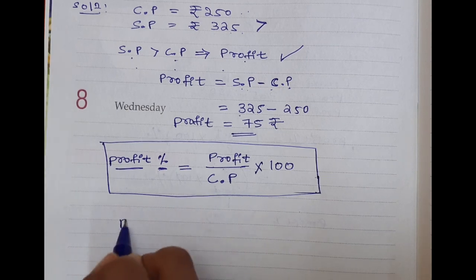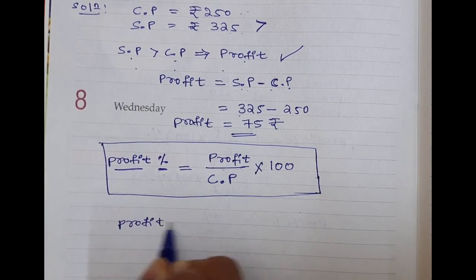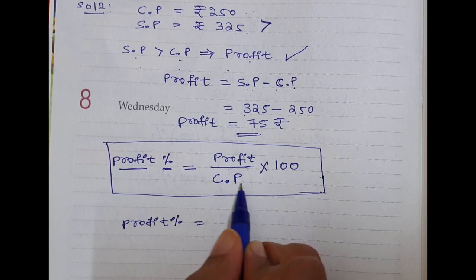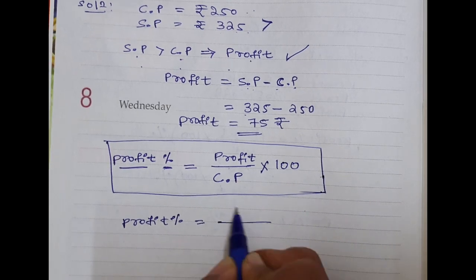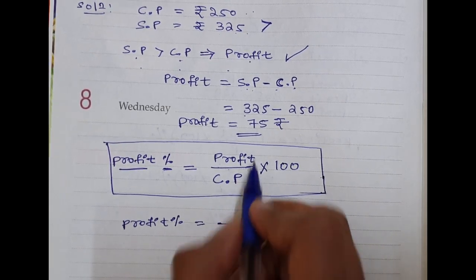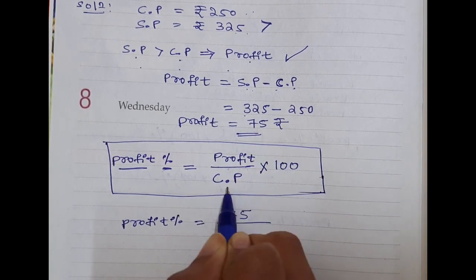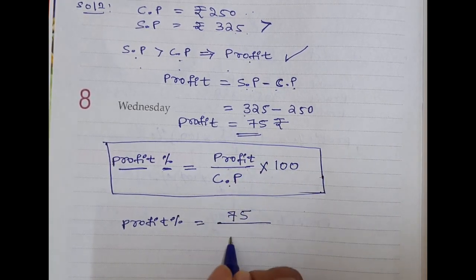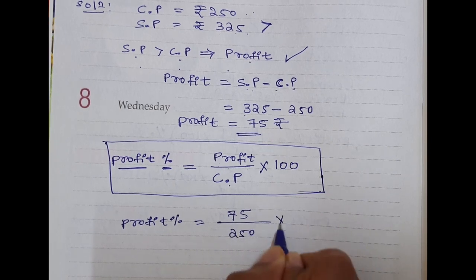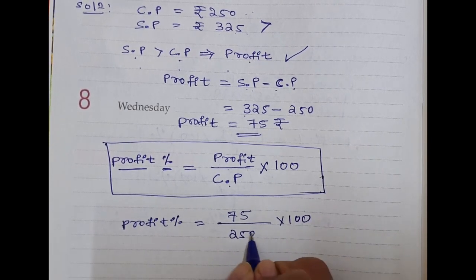Now, profit percentage is equal to, let me substitute all these values in this formula. Profit is equal to 75 rupees. And in the cost price, what should I write? In the cost price, 250. Multiply this with 100. Now simplify this.